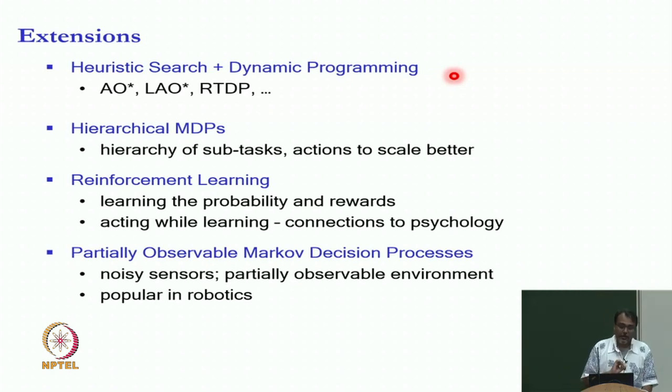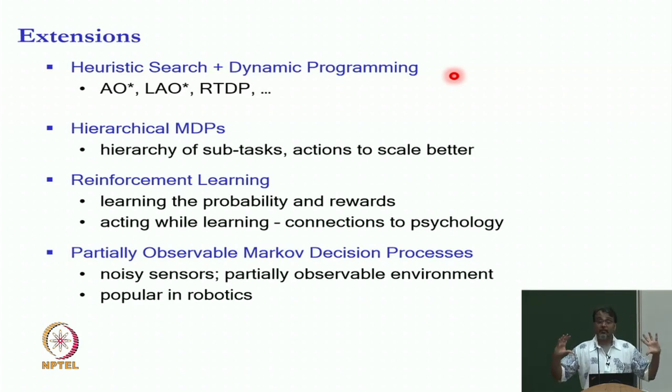We already talked about MDPs. The next thing we are going to study is probably the most important thing. Some people say that AI is reinforcement learning. Like we have had ideas that AI is search, AI is knowledge representation, we will also do the AI is RL view. And so, what we are going to study next is what is reinforcement learning and what are the algorithms for reinforcement learning.